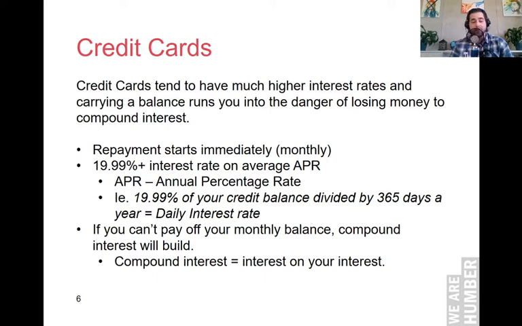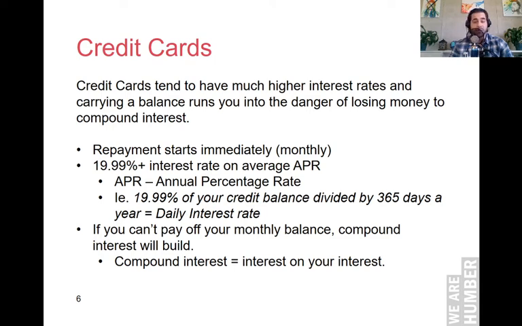And the more money that you have owing, it's important to know that there's a significant difference between the 20% interest you could be owing on a credit card versus the 3.5% interest if you rolled it into your student line of credit, which we discussed on the last slide. So be very careful with credit cards. Ask your bank about options for lower interest credit cards if you can.